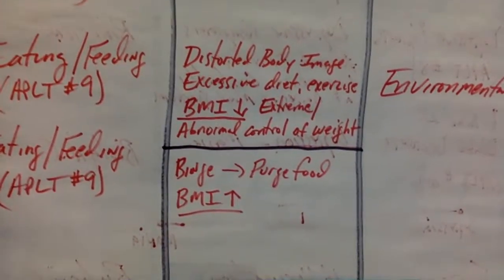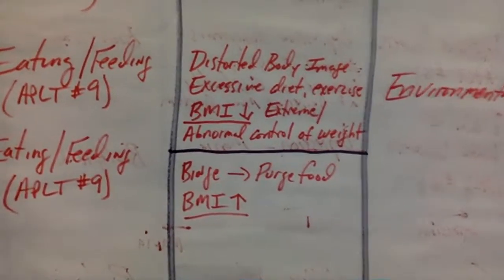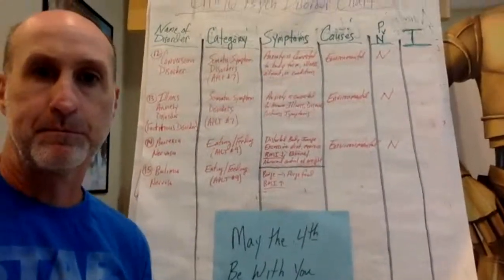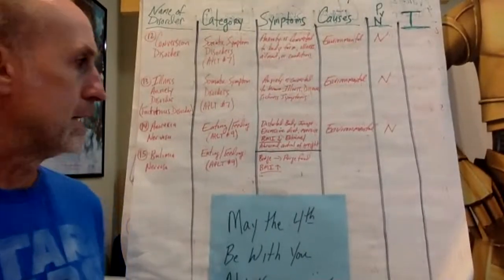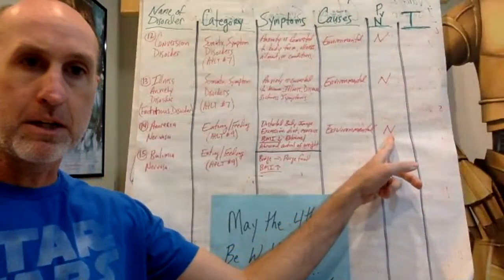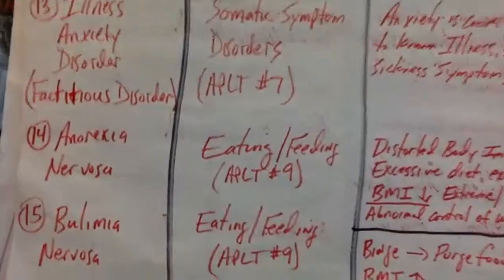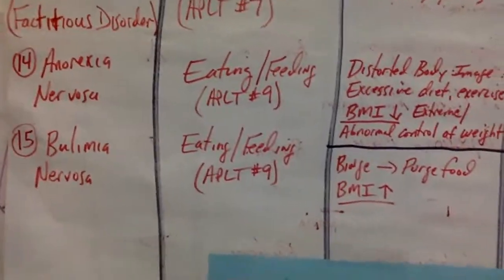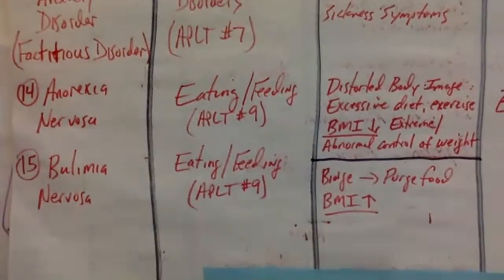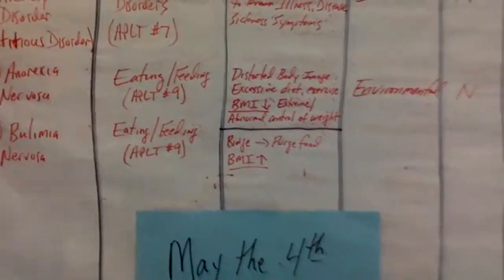So right after the low BMI, extreme abnormal control of weight. Okay. So, and then we're also going to say neurotic here. Okay. So yeah, I'll just go ahead and show you all of anorexia nervosa again, number 14. Okay, good.